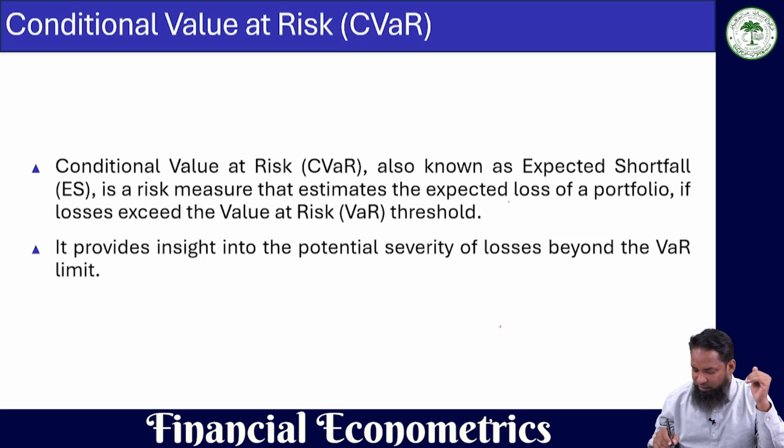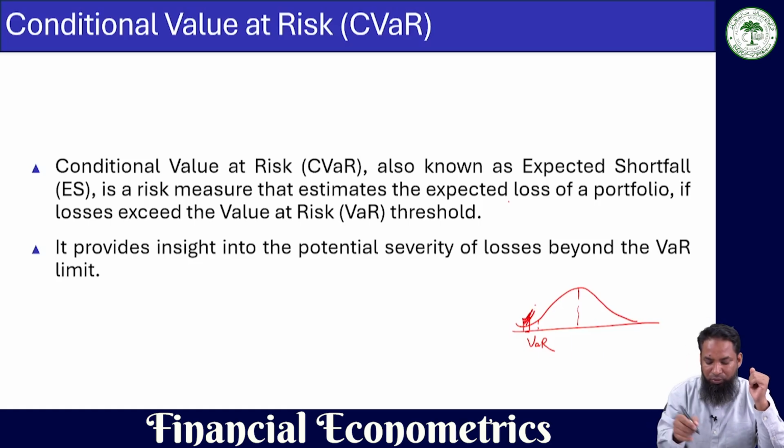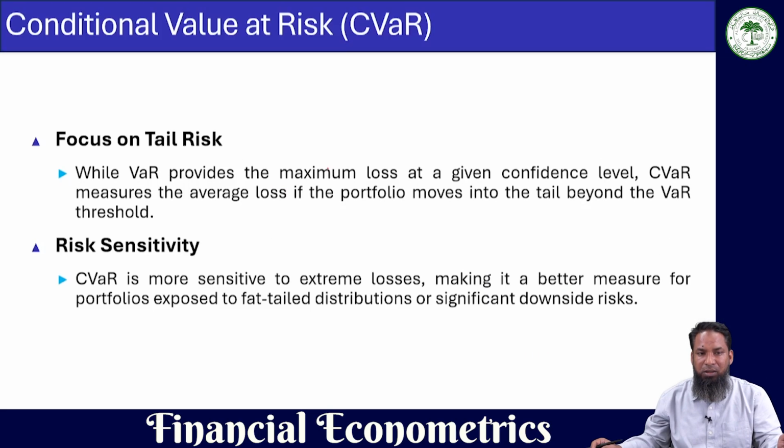So let us say here we have this distribution. Here we have the value at risk. Then what is the chance that the extreme value case will be here? To calculate that, we use the conditional value at risk. Primarily it focuses on the tail risk and it gives more risk sensitivity.